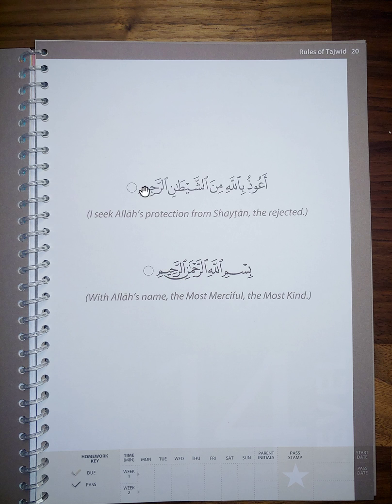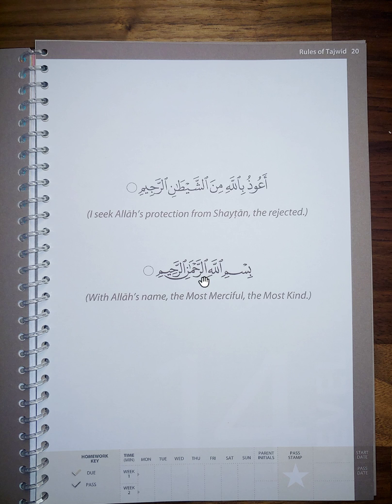And in both Ta'awudh and Basmalah, be careful not to do ghunna or extended ghunna at the end of the sentence. So don't say Rahim with a nasal sound, rather just Rahim. So you just stop on a single meem.